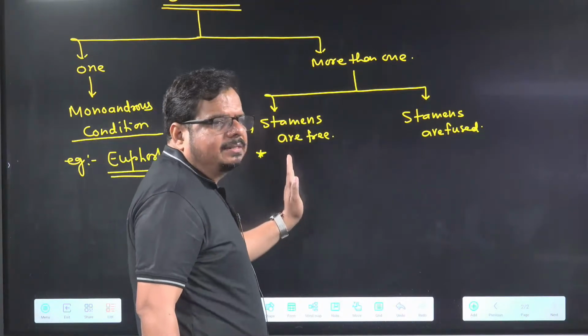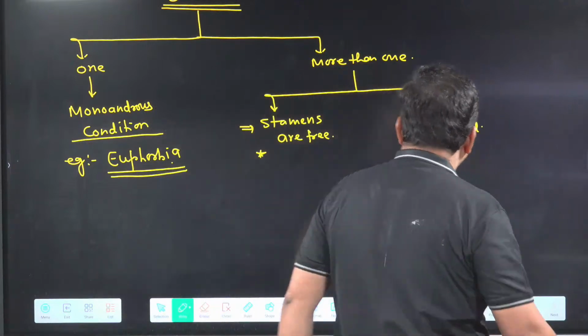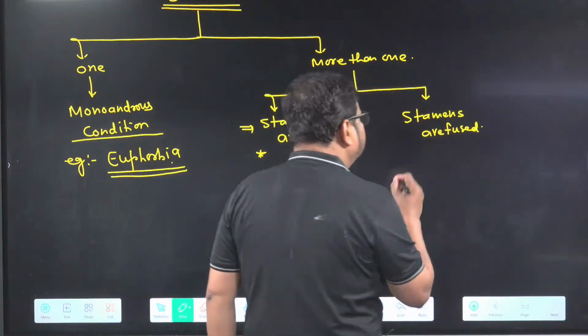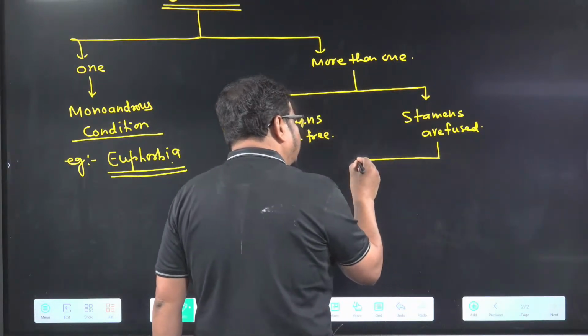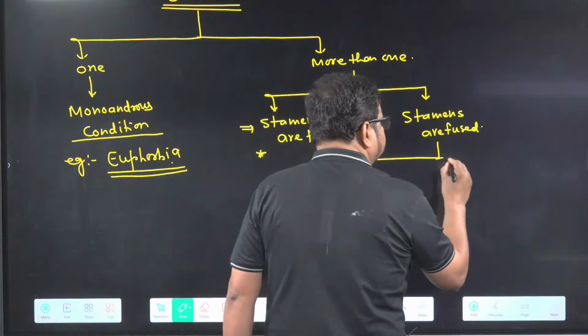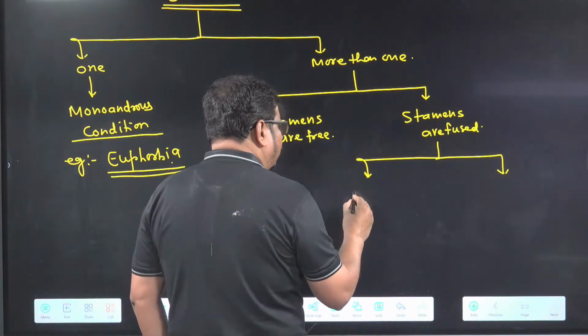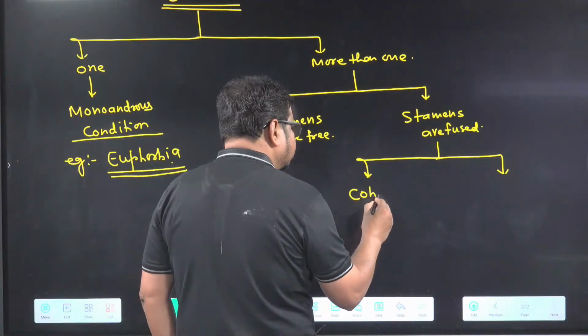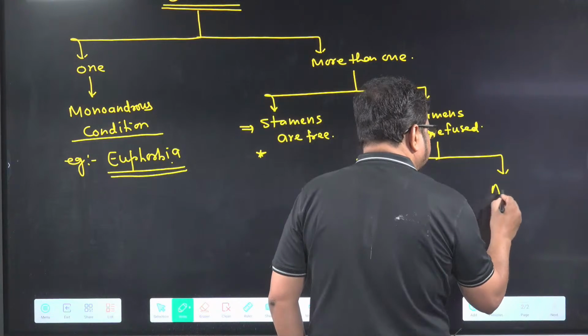What are the classification, what are the example, what are the terminology, NCERT has not talked. Now, if stamens are fused, NCERT talks here, there are 2 possibilities. If stamens are fused, either stamens are showing cohesion or stamens are showing adhesion.